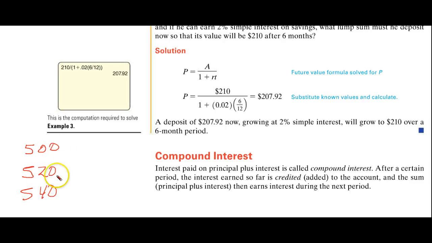I'm just making these up, but to show you that because it's compounded, the interest that you earn is added to your original principal, so you now have a greater amount of principal. In simple interest, they just keep using the 500. This one's a little more complicated to figure, but fortunately they have the formulas for you.